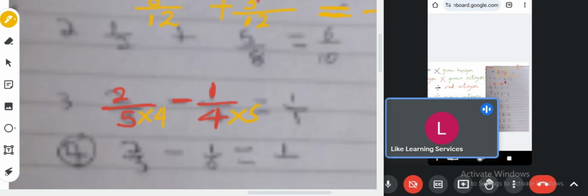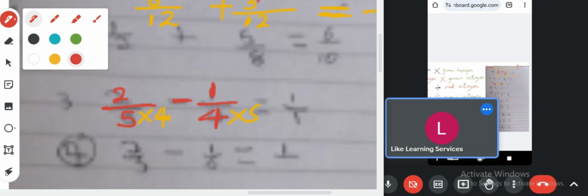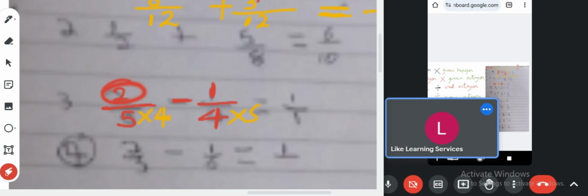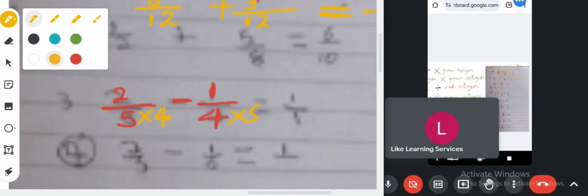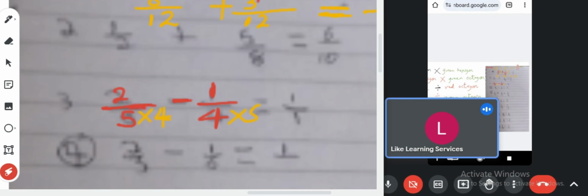Okay, I've done that. So what should I do to the numerators? You should multiply them. Okay, so what should I multiply 2 with? Whatever I multiply the denominator with is what I will multiply the numerator with now, isn't it?